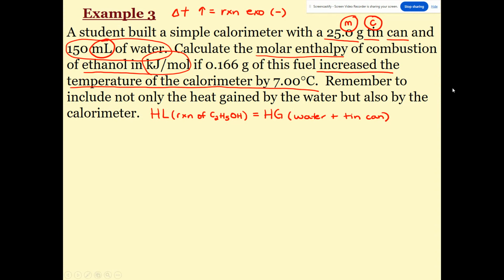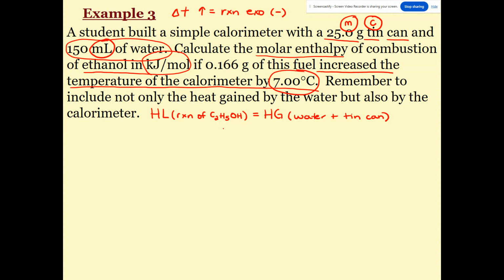Now, what temperature change are we going to use for the tin can? We're going to assume it's the same temperature change as the water. There's some error in that, because when the specific heat capacities are different, they gain energy at different rates, but we're going to assume it's the same unless the question tells you otherwise.